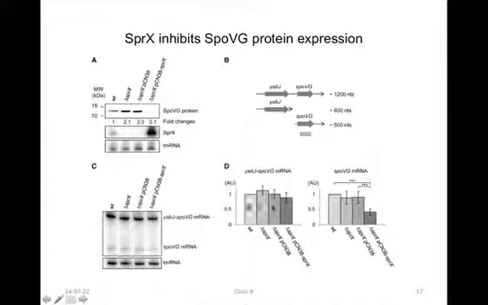When they're together, you get expression of SPOVG. And then in the next box, what they're showing is the expression is reduced. How did they do this? On the left, this is the operon, and on the right, it's just the gene. So they're showing that the gene is affected by SPRX.